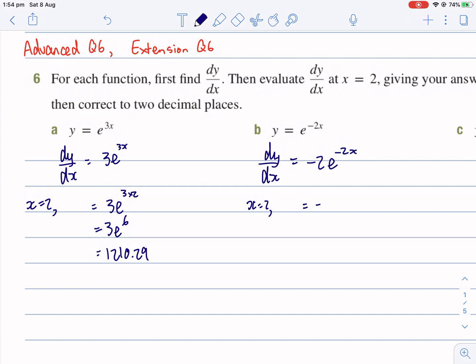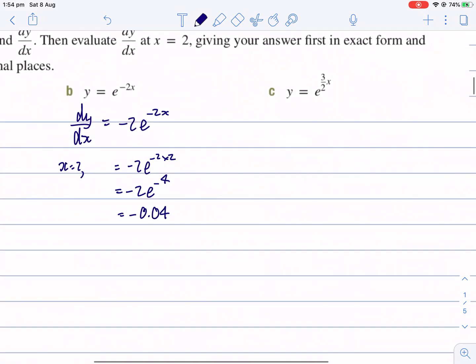We've got negative 2e to the negative 2 times 2, negative 2e to the negative 4, calculator. Now, what I've just done, the negative 2e to the negative 4, that's actually the exact value, because in a calculator you could never get all the decimal places because e is irrational. Transcendental? Irrational, whatever.